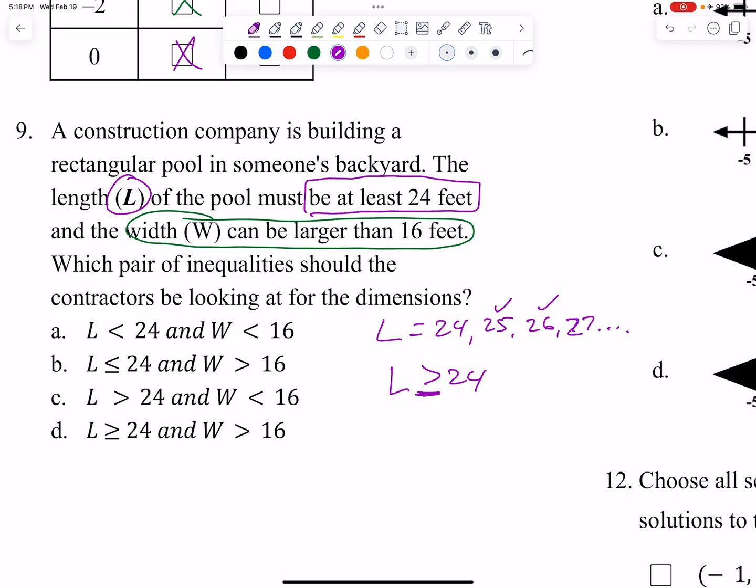What about the W? So the width can be, it didn't say it must, it can be larger than 16 feet. Okay, so if it can be larger than 16 feet, that means the W has to be 17, 18, 19, 20. So my W has to be bigger than 16. So which one of those options works? It looks like it's letter D.